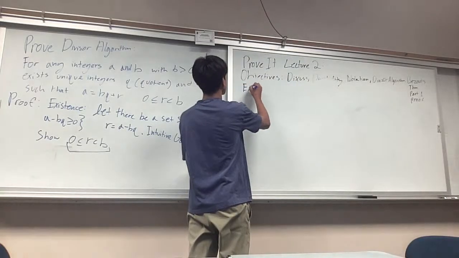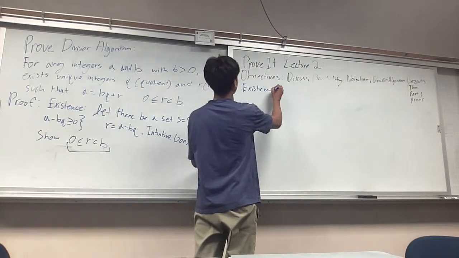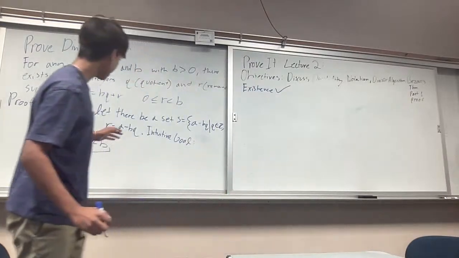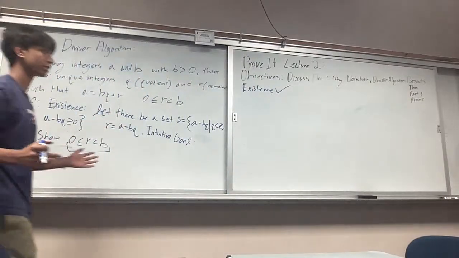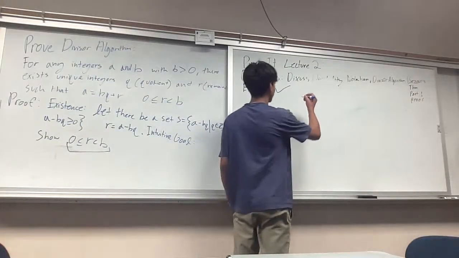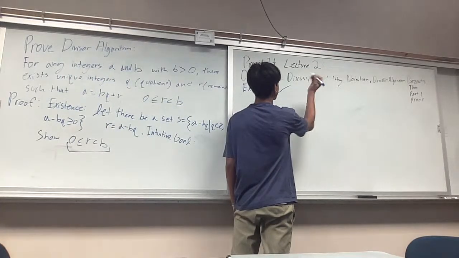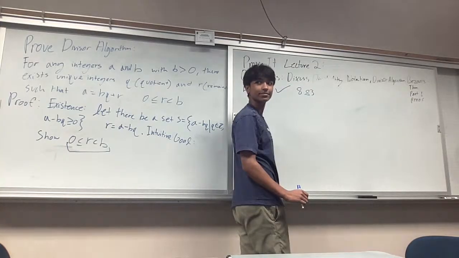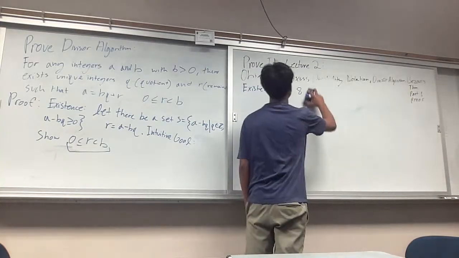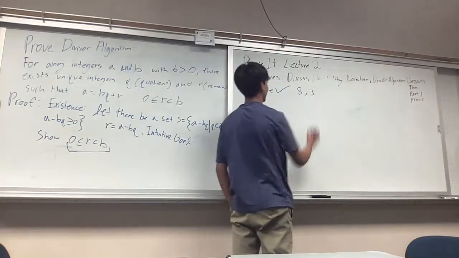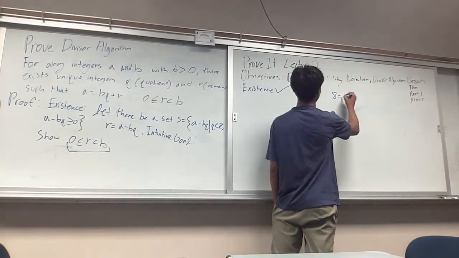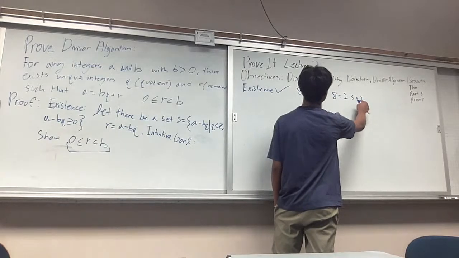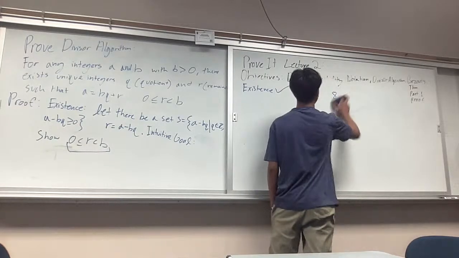So we've proved that existence is valid. What does that mean basically? That there will always be two integers. Go back to division, right? When you divide, let's say 8 and 3, 8 can be written as 2 times 3 plus 2, such that 2 is less than 3.